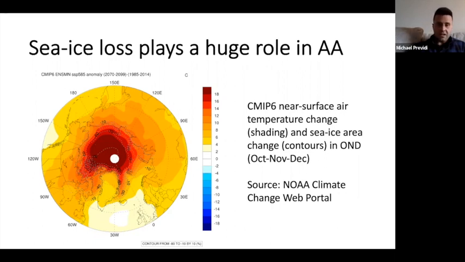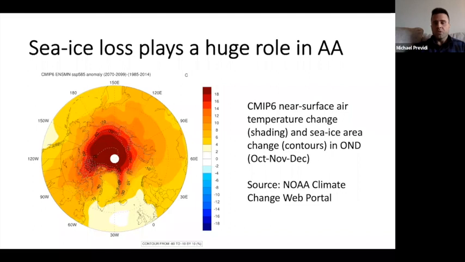So over the central Arctic Ocean, we have in the multi-model average sea ice losses of greater than 70% over a good part of the Arctic Ocean, and that region of maximum sea ice loss coincides with where we have the greatest warming over the Arctic.